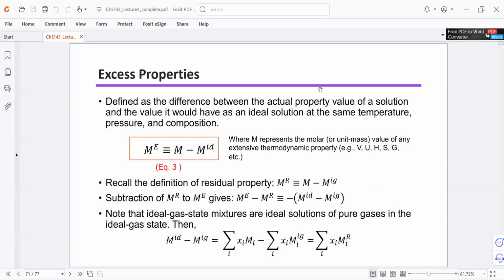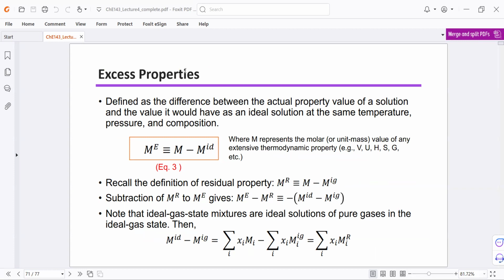Okay, let's move on to the next topic, which is on excess properties. Just like in gases, we have residual properties, which is equal to the actual property minus the property of an ideal gas.